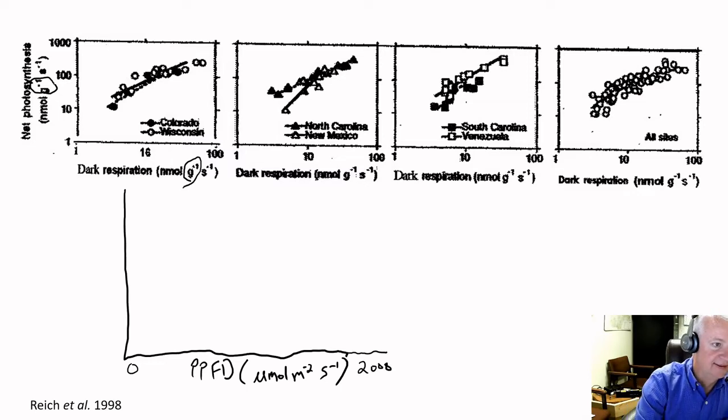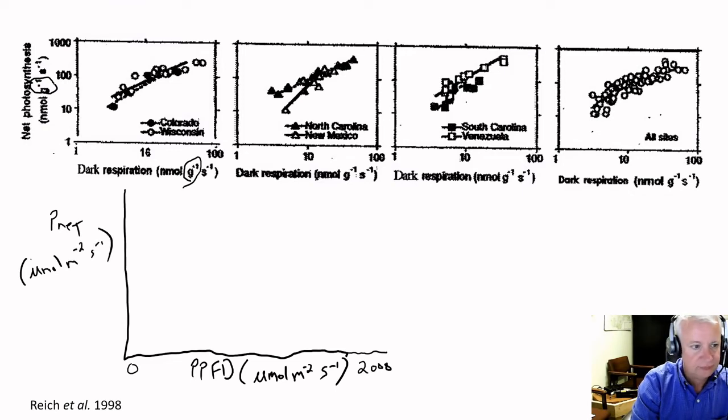And this is P net, photosynthesis rate, also in confusingly the same units, micromoles per meter squared per second. And let's say this is 0, so this is the 0 line.